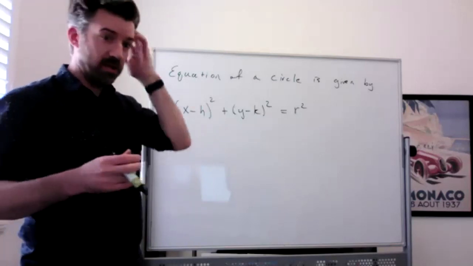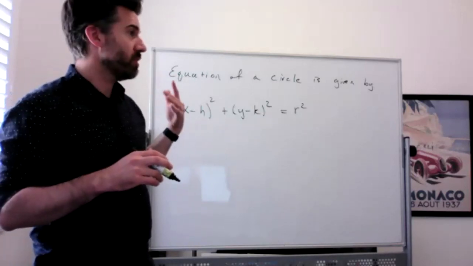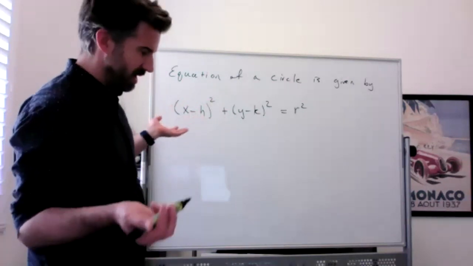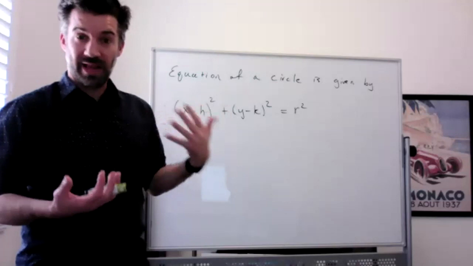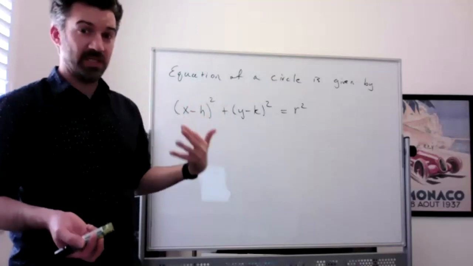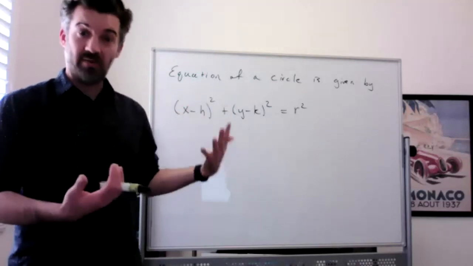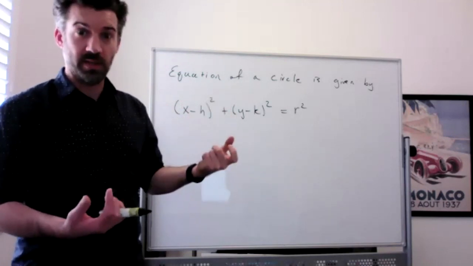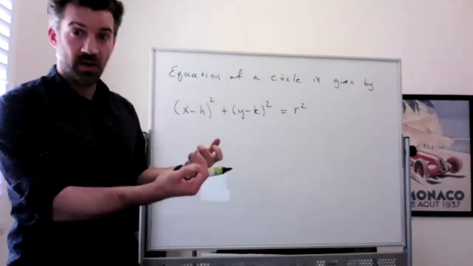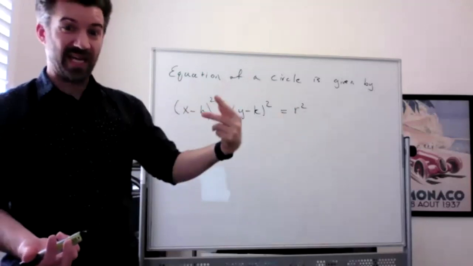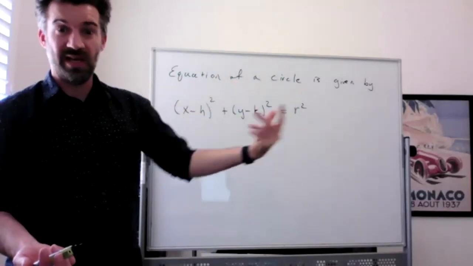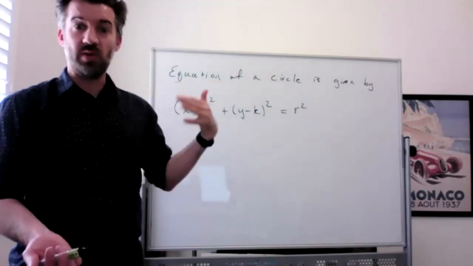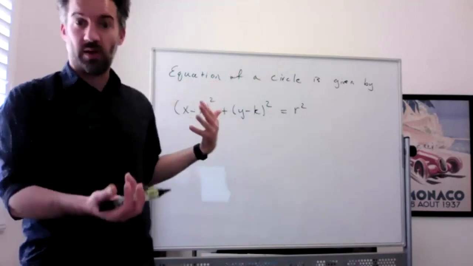Like when we're talking about lines, y equals mx plus b is usually called the standard form of a line because it gives you a lot of information. It tells you what the slope is, it tells you what the y-intercept is. Whereas the other form, the ax plus by equals c form, is the general form, but it doesn't actually give us a ton of useful information about the thing we're dealing with.